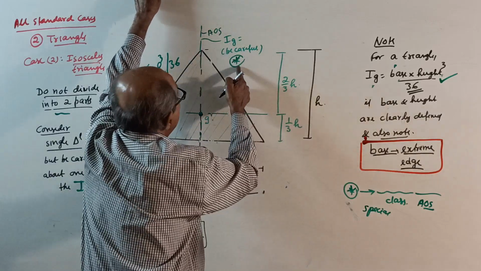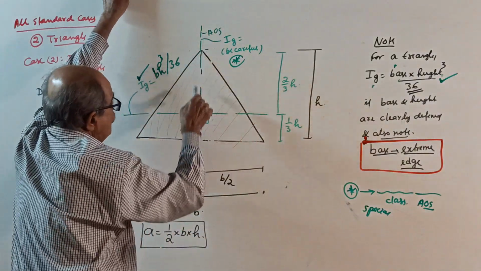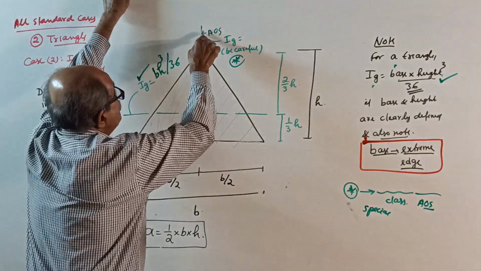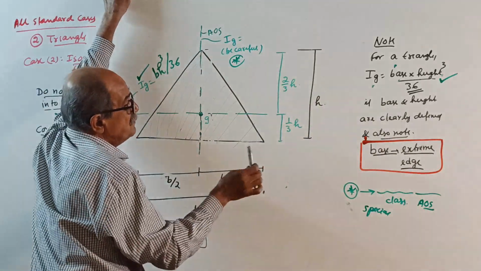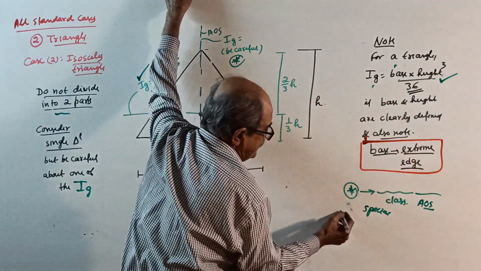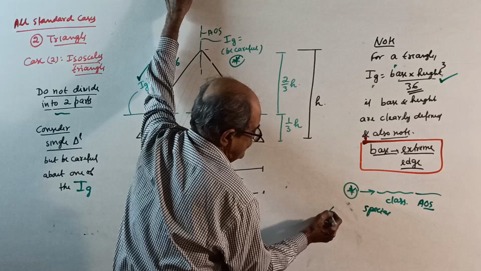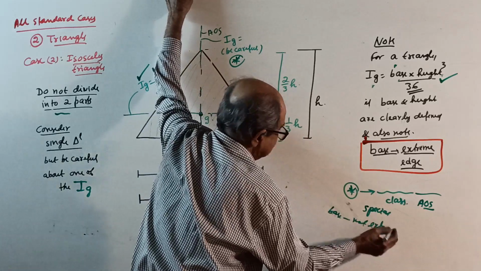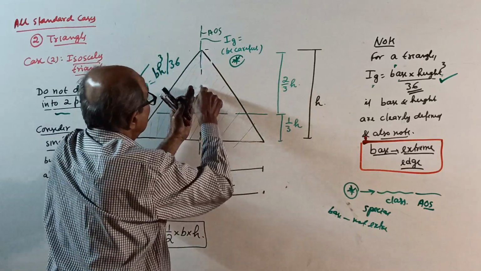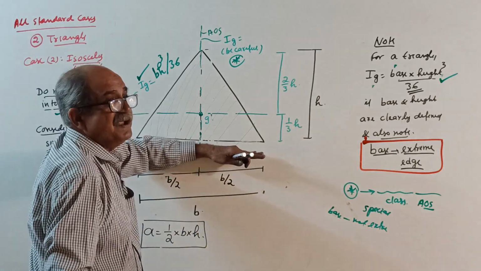This IG is, first of all, remember this I about the centroidal axis, which is symmetrical axis for isosceles triangle, where base is not extreme edge. Because somebody will tell, yes sir, this is the base, sir. Yes, but that is not the extreme edge. This is the extreme edge here.